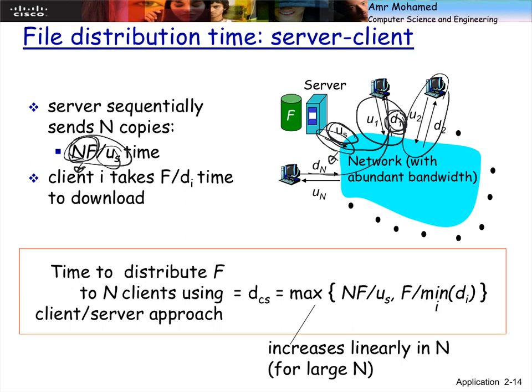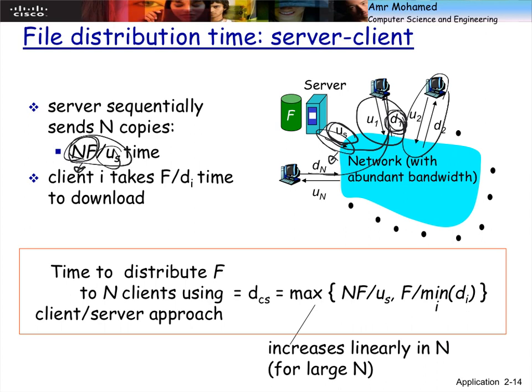But in this case, there shouldn't be any limitation from the client side. Yes, that's assuming that the speed that I use to send, which is US, is actually absorbable by all these clients.